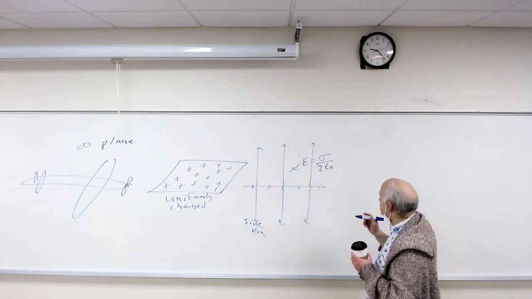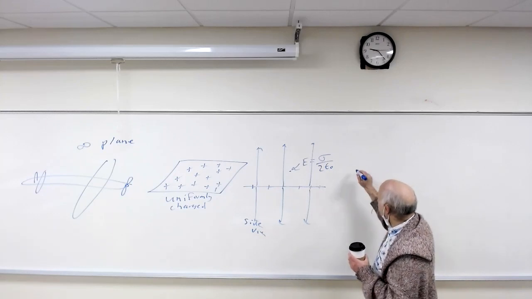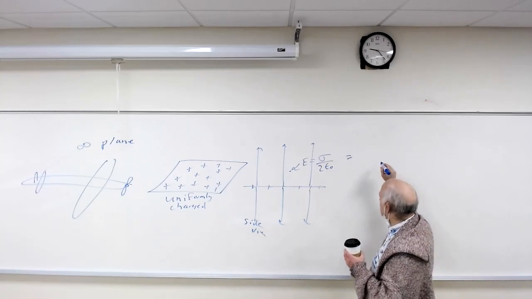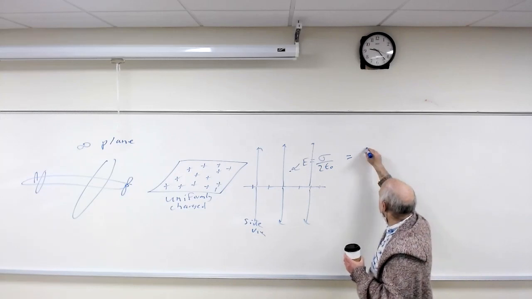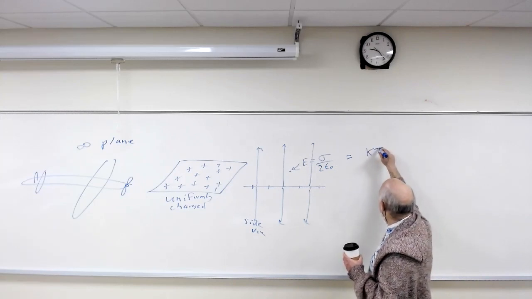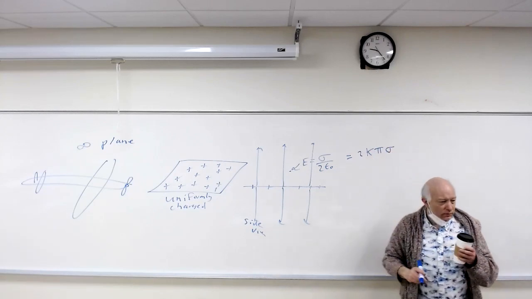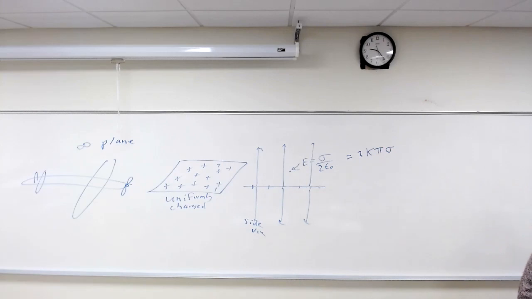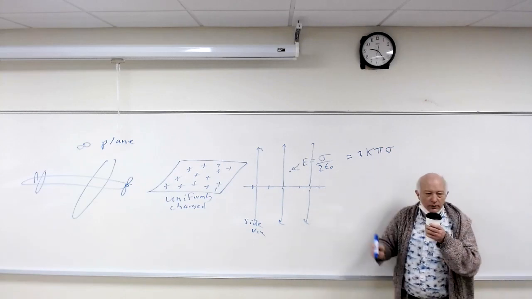Suppose somebody were to write this as 4 pi K sigma times 2. Is that right? Yeah, because it's 4 pi. If somebody writes it like this, what have they done?